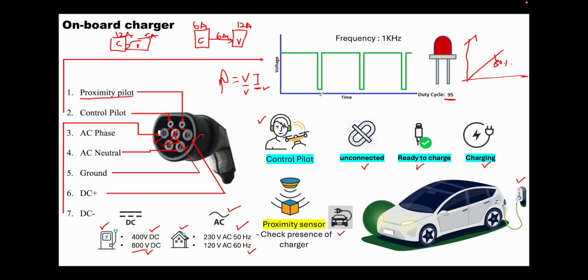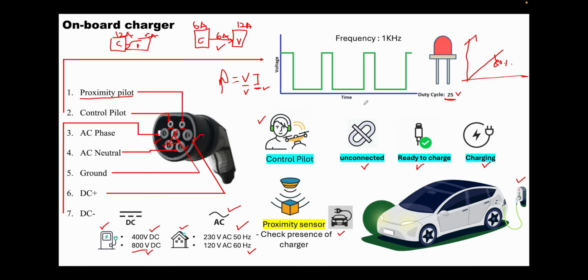This signal will be sent from the electric vehicle to the charging station, and the more the pulse width for the on time, the more current will flow in the electric vehicle based on the agreed current. So this duty factor or duty cycle is multiplied with this current, and then the current flow starts. Suppose the electric vehicle wants to get a lesser amount of charge compared to what it was getting previously, then it just needs to reduce the duty cycle of the signal coming from the control pilot, and through that it can control the current in the charging ports.